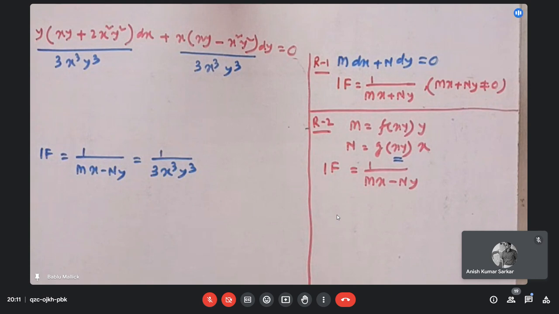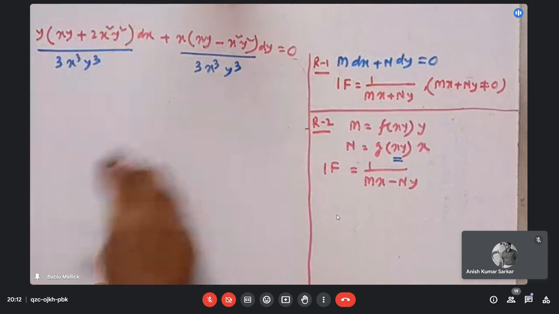Then simplify and tell me, what are you getting after simplification?